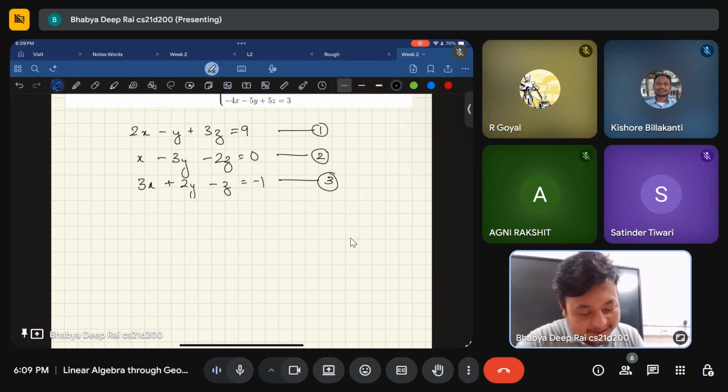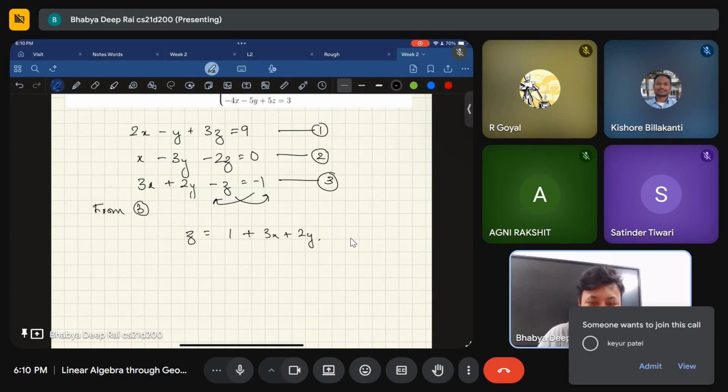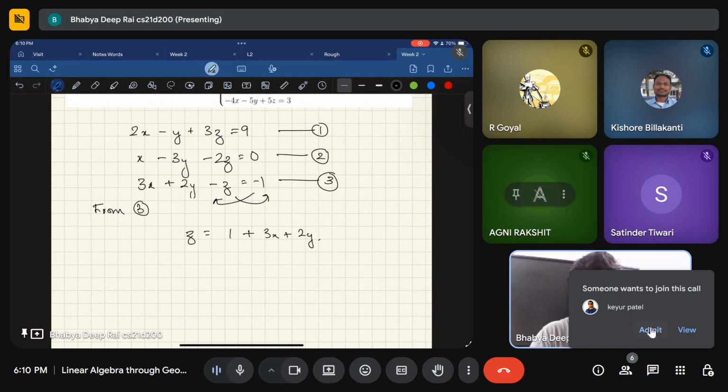So what I'll simply do is I see this z alone here. I'll bring everything in terms of z. From equation 3, I say z is equal to, I bring this z here and minus 1 there, 1 plus 3x plus 2y. I hope this is clear.